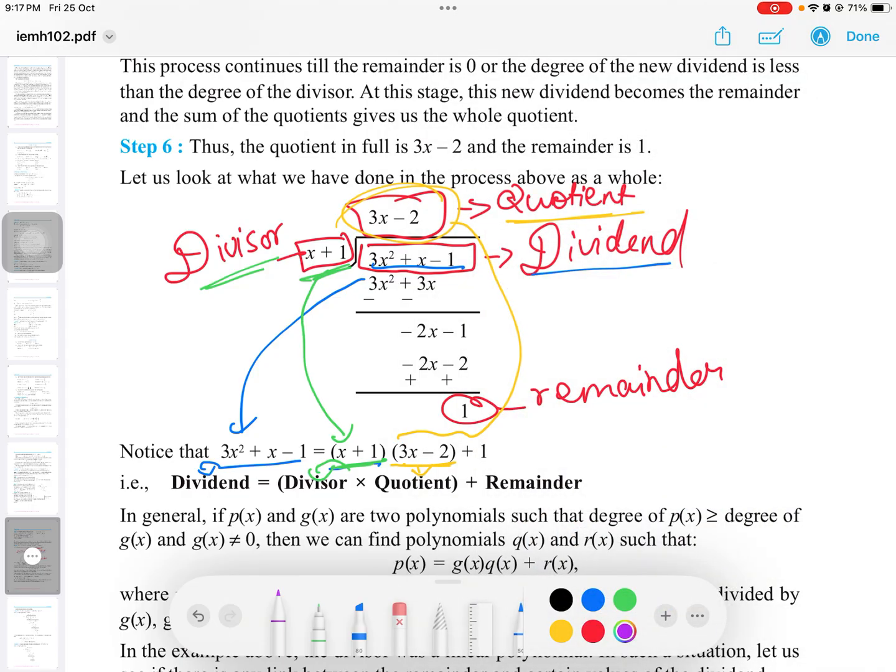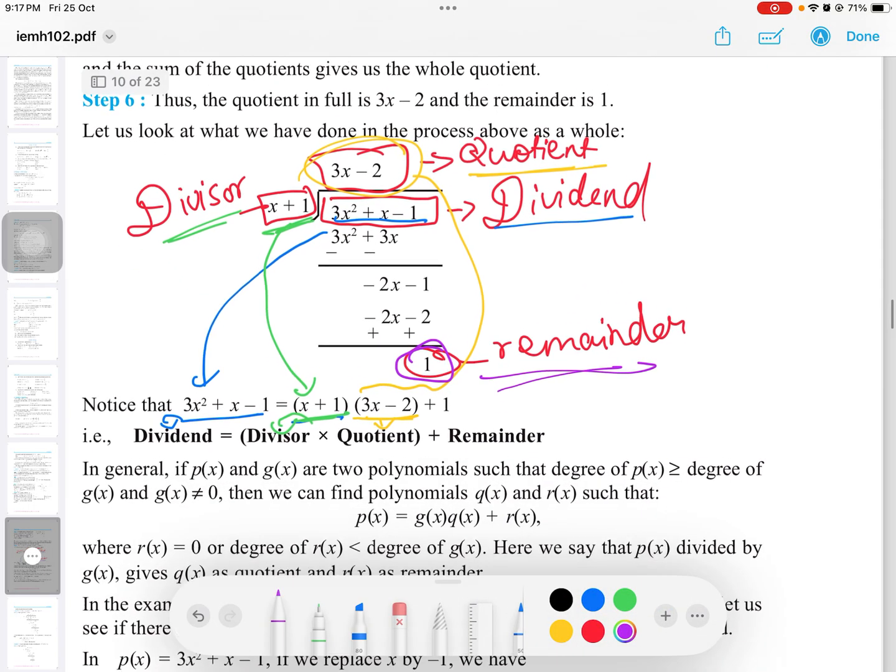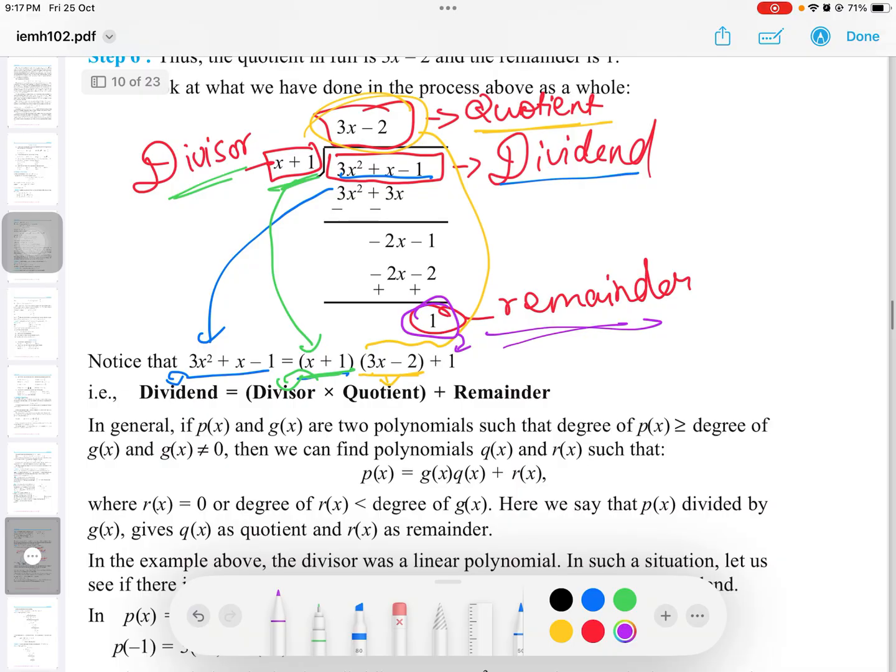And how about a new color? And the remainder, that is this. So what have we concluded? We found that the dividend is equal to divisor into quotient plus remainder for a polynomial too. There is simply no difference.